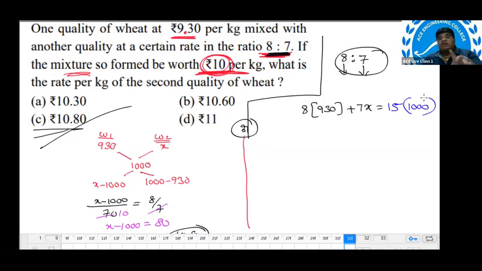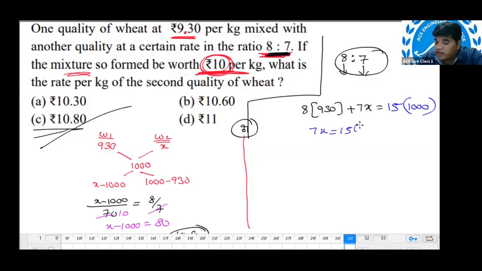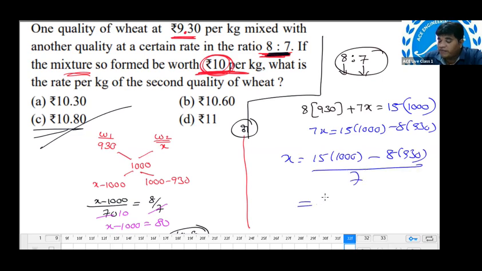Individual cost is equal to mean price into total worth. Is it okay? Girija? Yes, sir. Simplify this equation: 7x is equal to 15 into 1000 minus 8 into 930. So x is equal to (15 into 1000 minus 8 into 930) upon 7. Then simplify: 1080 is the answer, 10 rupees 80 paisa. Completed. Are you getting it now?